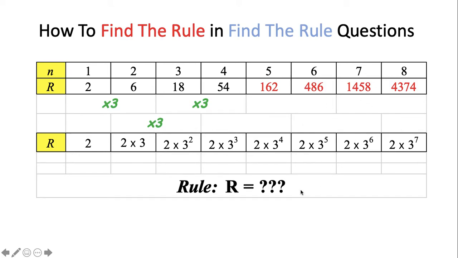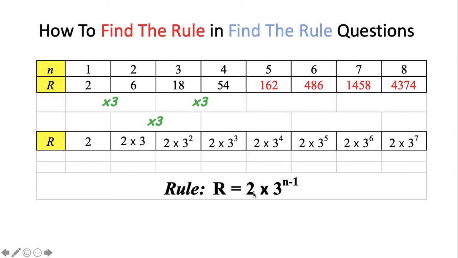So that means that the rule must be 2 times 3 to the power of n minus 1, or in other words, 2 times 3 to the power of 1 less than the n numbers. Okay, so I've called these R, so it's R equals 2 times 3 to the power of n minus 1.